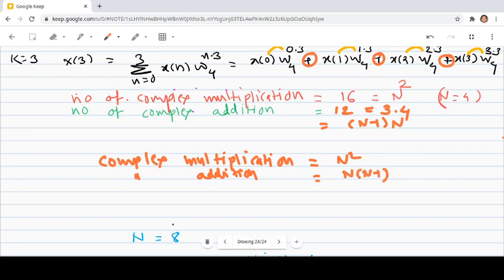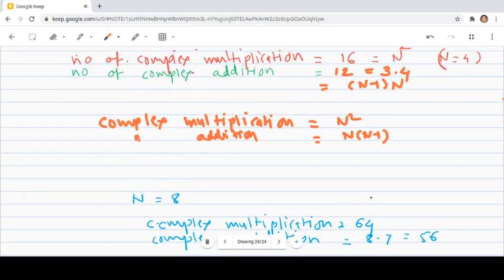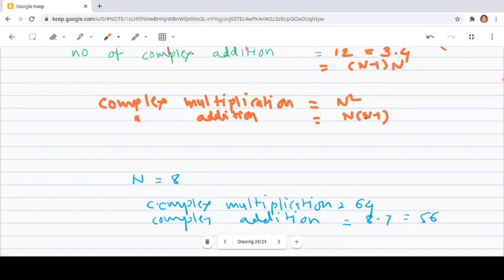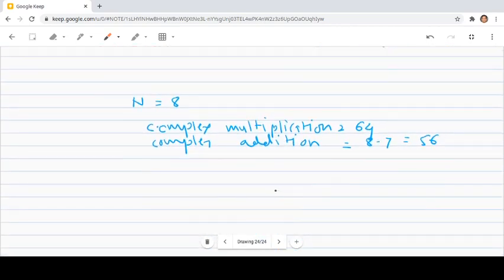If N is 8, N squared will be 64, and N into N minus 1 will be 8 into 7, that is 56. So as N increases, the number of complex multiplications and complex additions rise exponentially, because in every term we have an N squared term, and hence as N increases, the number of complex additions and complex multiplications go on rising.